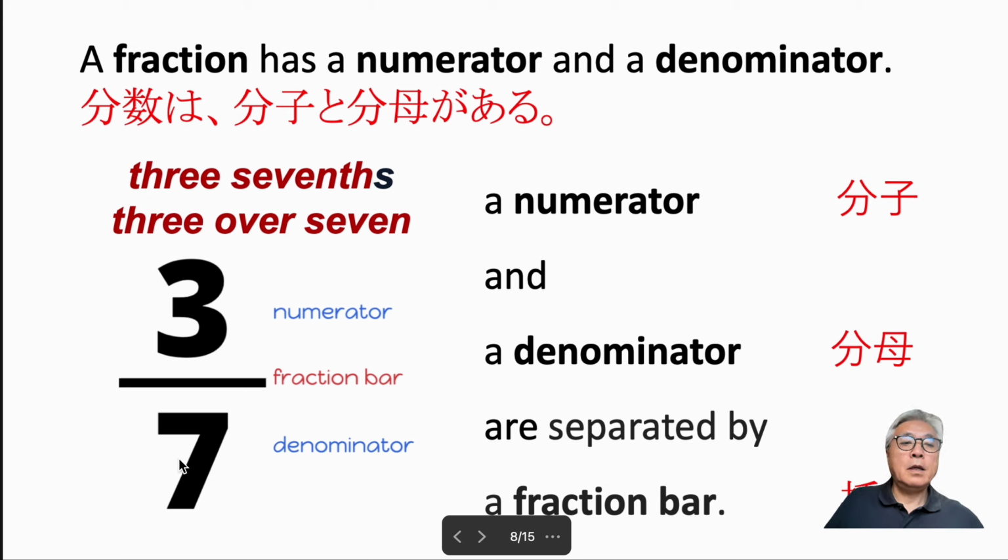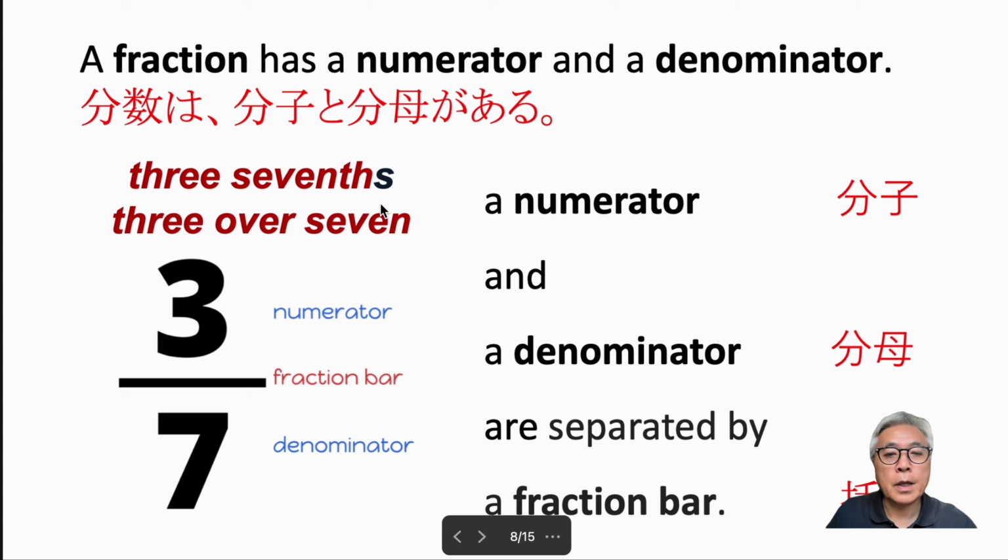Okay, this fraction is made of 3 parts: numerator 3, fraction bar, and denominator 7. A numerator and a denominator are separated by the fraction bar.